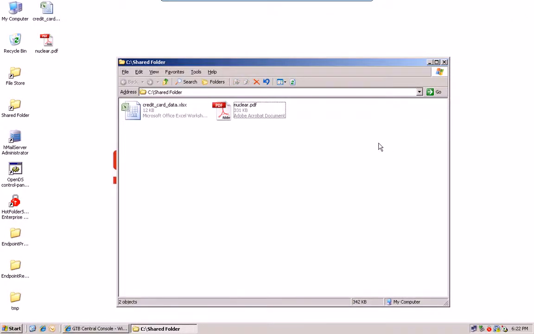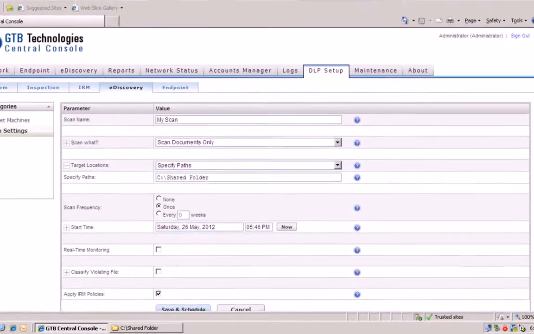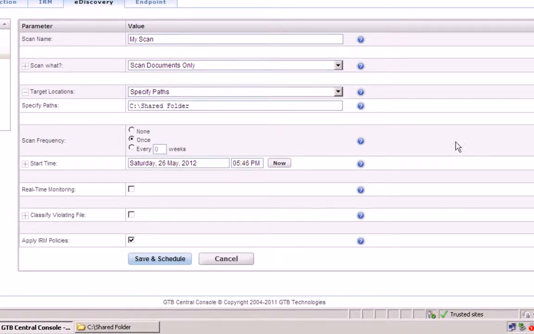Now what we are going to do is run the DLP scan on these documents and see what happens when the DLP system detects confidential information in them. We will go to the e-discovery scanning system of the GTB system, and as you can see, you can either run the scan once or also set it up in automated mode.